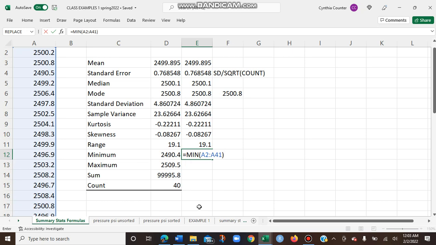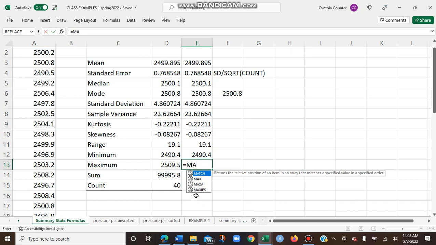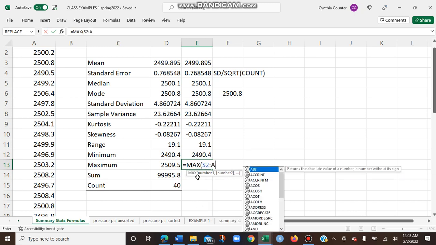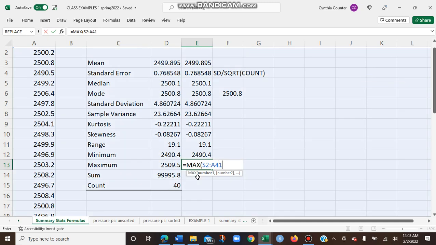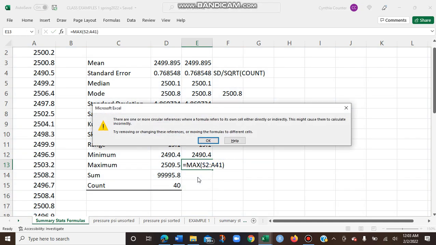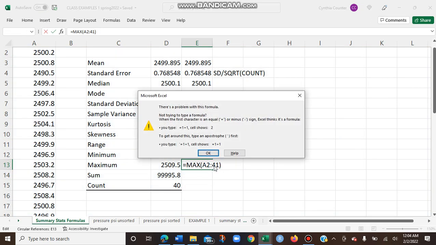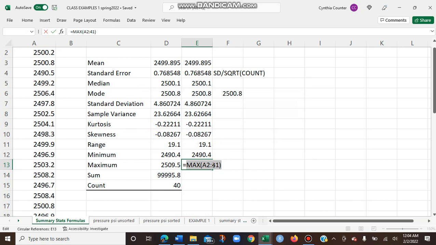So if you needed that to find the range, you could find the min, maximum value, MAX. So again, if you wanted to compute the range, all you need then is to find min and max, you can use these. And then of course find the difference between those to get the range.